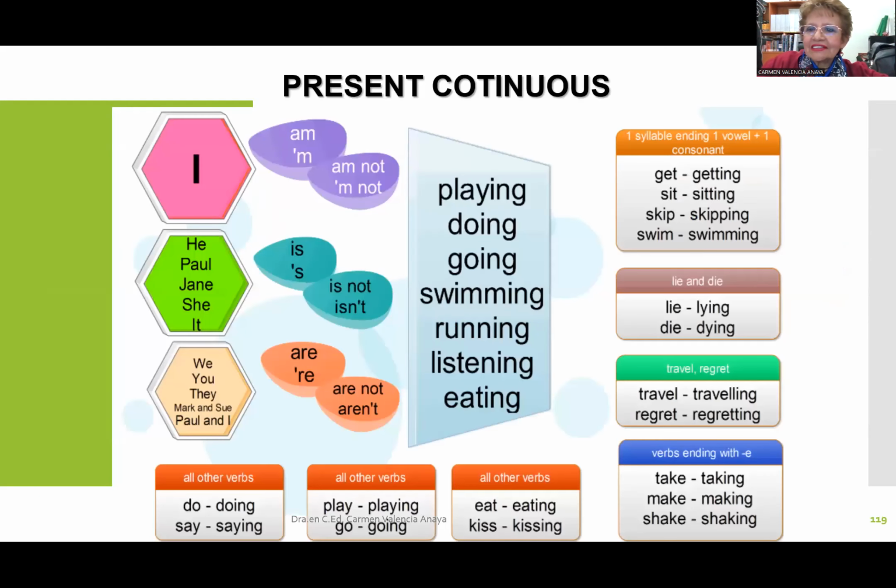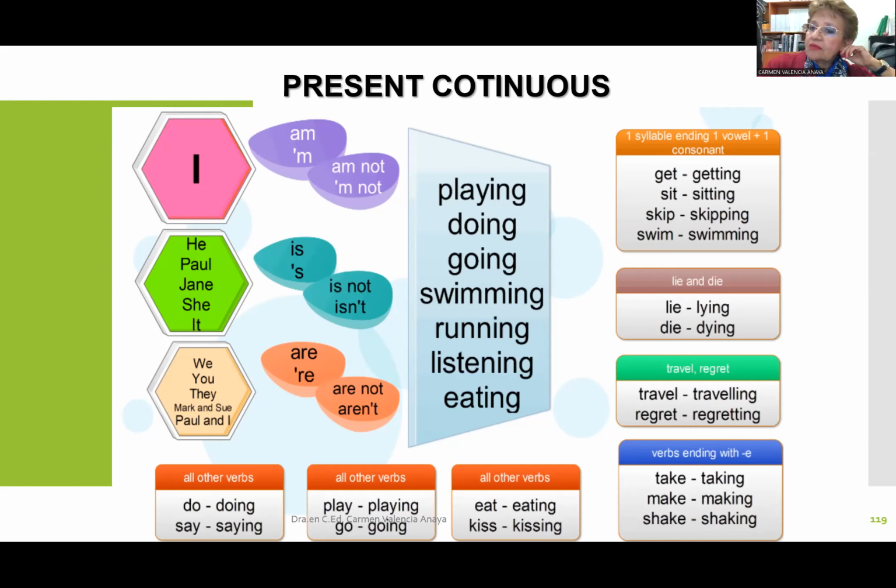Okay, look at this chart. It's very important. And look at this one. I am, with the contraction, I'm not, or I am not. In this case, he is, Jane is, she is, it is, or he is not, Paul is not, she isn't, it isn't.